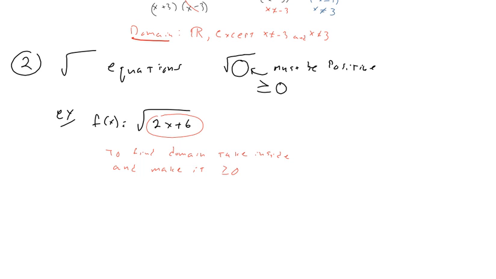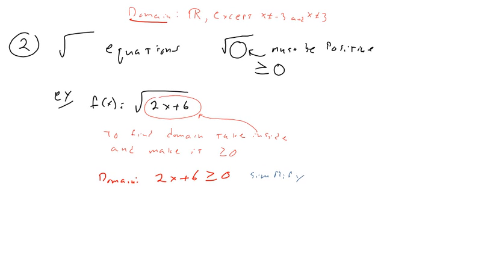So I'm just going to take whatever is inside my square root, and I'm going to say my domain is 2x plus 6 must be bigger than or equal to 0. And then you want to simplify. That's your domain, right? The inside part has to be bigger than or equal to 0.